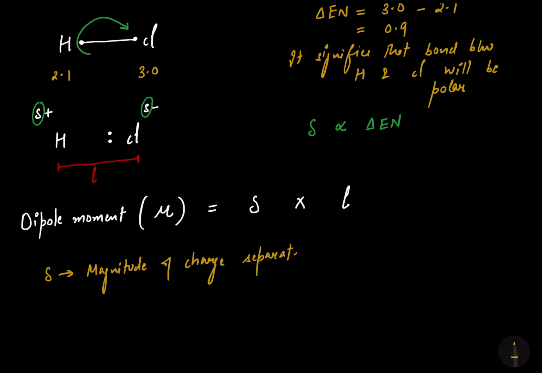Hydrogen and chlorine will have equal values of delta but with opposite signs. And what about L? L is the bond length, or you can also say distance between two oppositely charged poles.